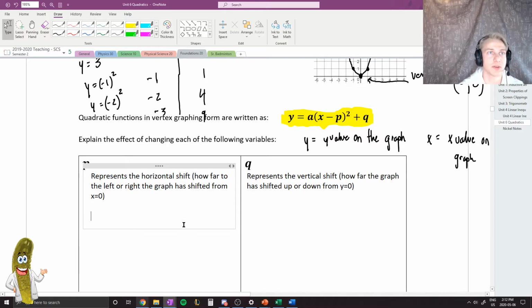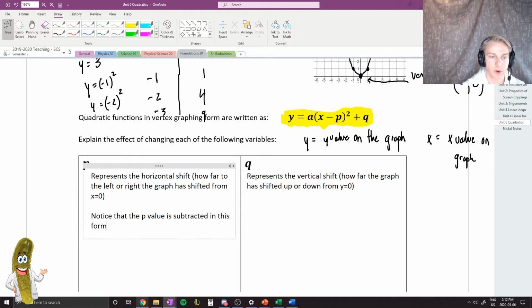One thing that is worth noting, notice that the p-value is subtracted in this form, and it's because we have x minus p. And the other thing we want to notice is that the q value is being added.